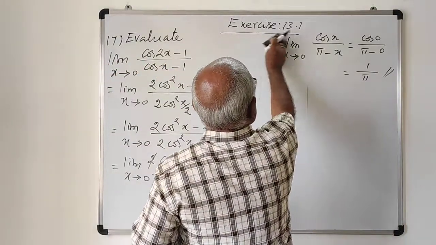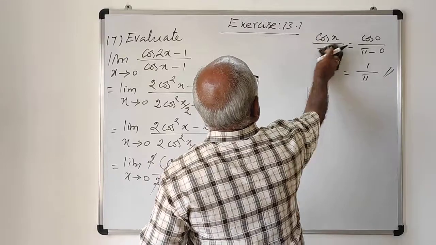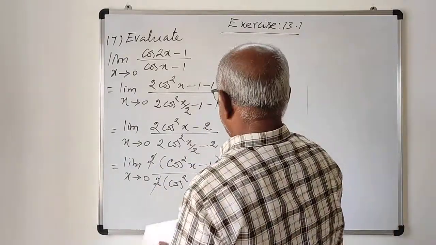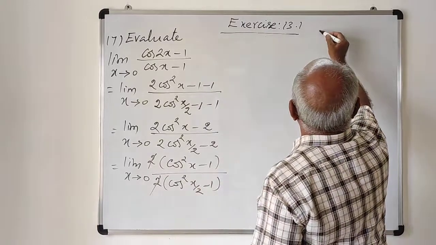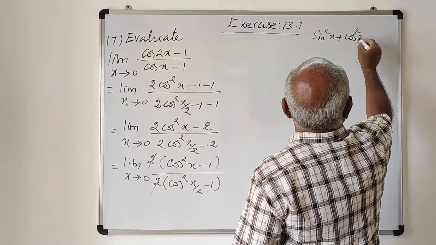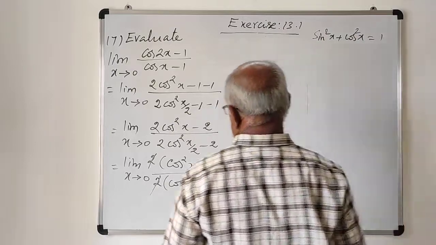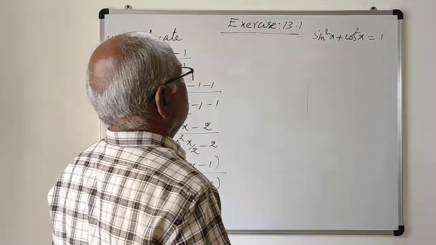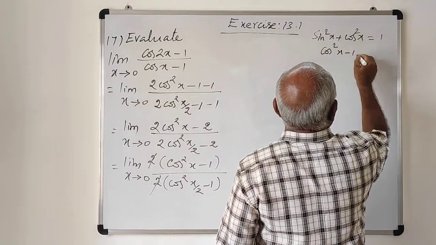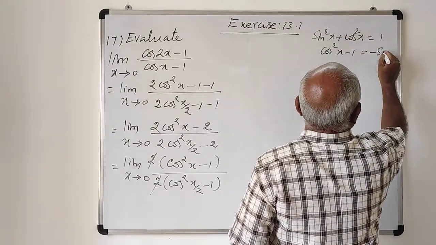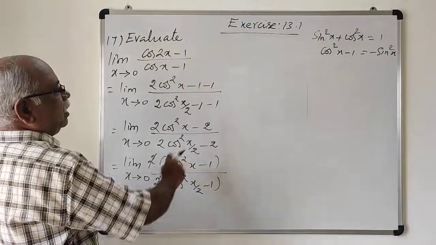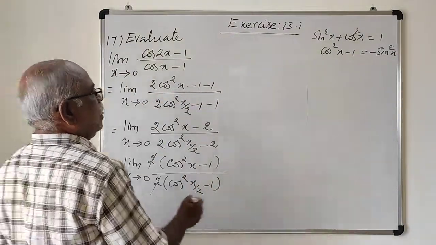And also, you know the result, sin square x plus cos square x equal to 1. So you bring this 1 to this side, that is cos square x minus 1 equal to, you bring sin square x to that side, minus sin square x. So instead of cos square x minus 1, I can write minus sin square x.